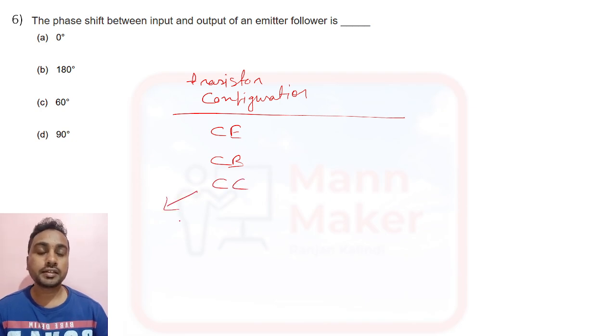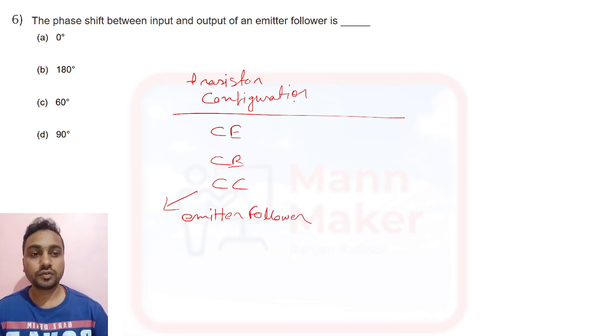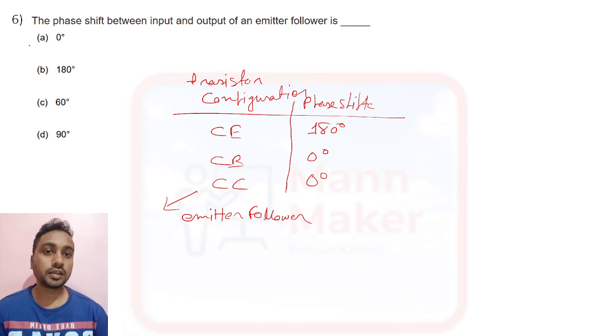The common collector is known as an emitter follower. If we talk about phase shift, the phase shift of common emitter is 180 degrees, common base is 0 degrees, and common collector is 0 degrees. So from here, option A is the right answer.